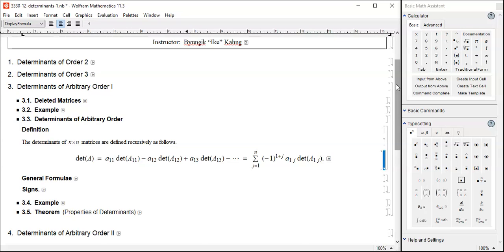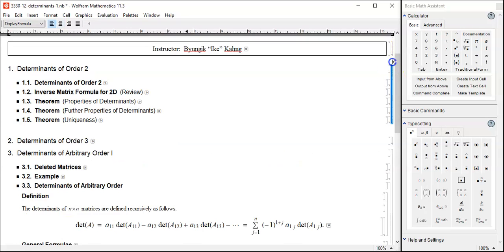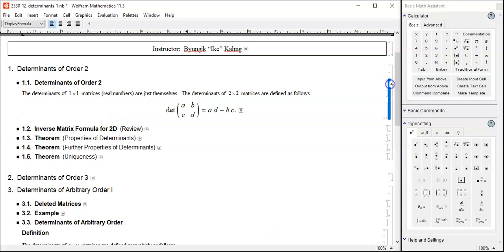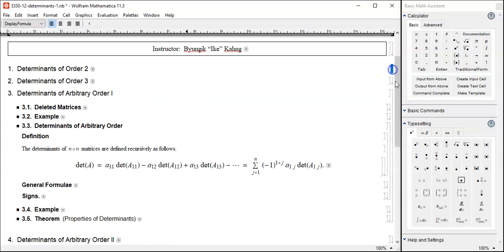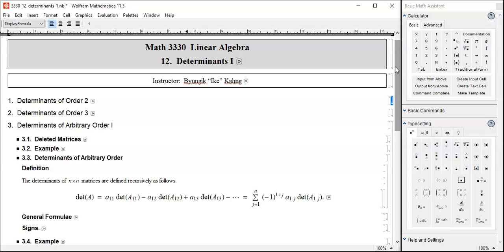Determinant of order 2, we already know how to do it. It's this one, ad minus bc. And then from that, we can define the determinant of order 3. And then from the determinant of order 3, we can define the determinant of order 4. And order 4 to order 5, order 5 to order 6, order 6 to order 7 continues, and we cover everything. So yes, this is a good definition. The determinant of arbitrary order is well defined.